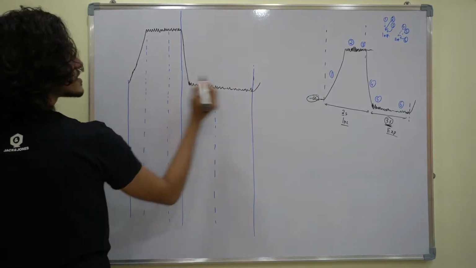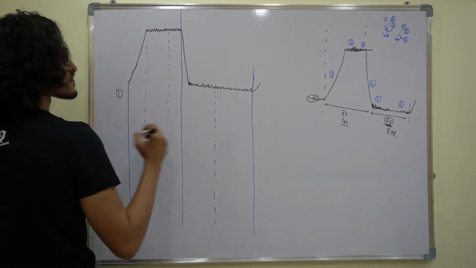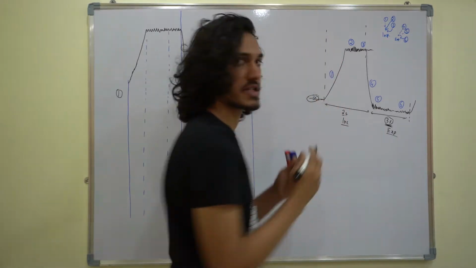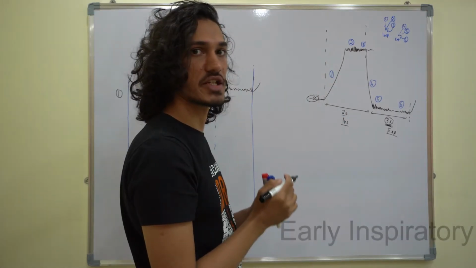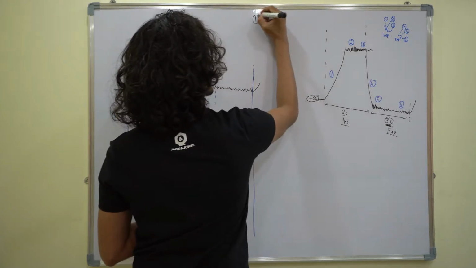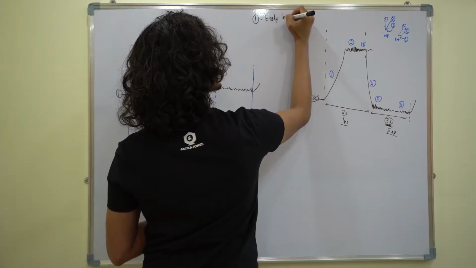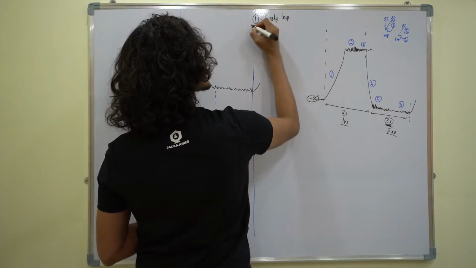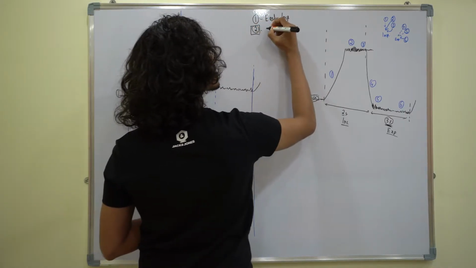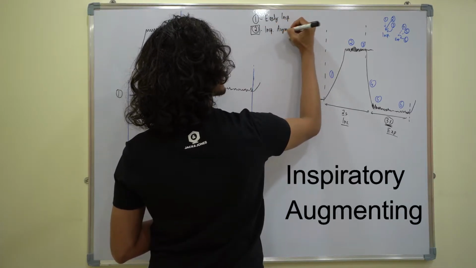So the first neuron is called the early inspiratory neuron. The 2 is called, this is the most important one, inspiratory augmenting type.